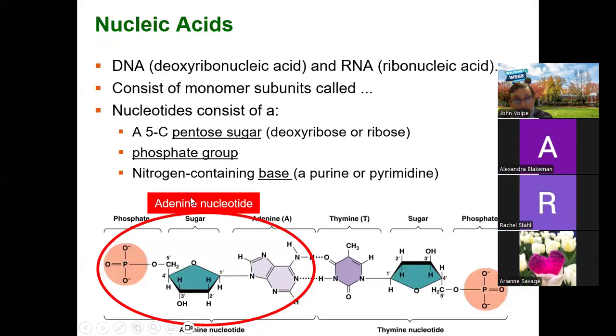So this is a nucleotide here containing a 5-pentose sugar, meaning a 5-carbon sugar. A phosphate group shown here, and then a nitrogen-containing base shown here. This nitrogen-containing base can be a purine, shown here, or a pyrimidine, which will be shown here. This is another nucleotide right here. Any question about any of that?